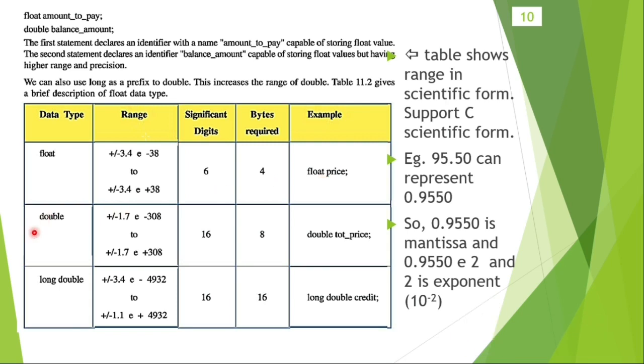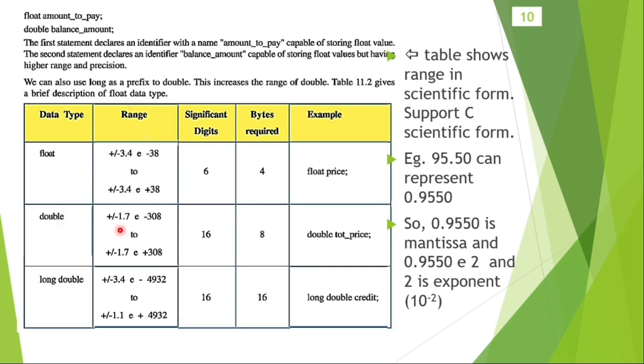The second type is double. Double uses plus or minus 1.7 with exponent minus 308 actually, and here the exponent is minus 38 to plus 38 because this data type is float. So a fractional part, a decimal number, will come.